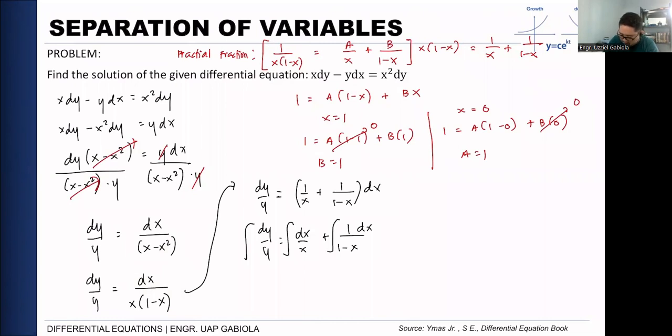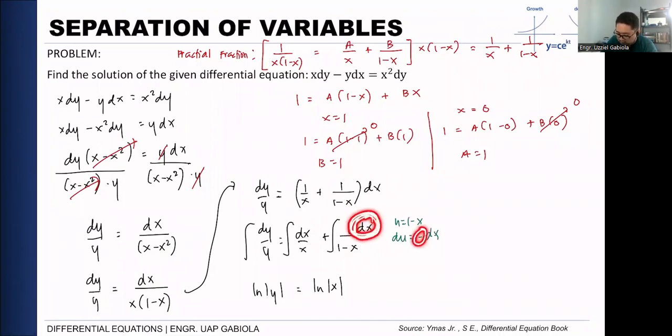So this is ln y equals ln x. Nandito, ano magiging ito? Pag kinuha natin yung du nito, yung u nito is 1 minus x. So ang du niya should be negative dx. May negative siya dito, pero dx lang yung nandito.